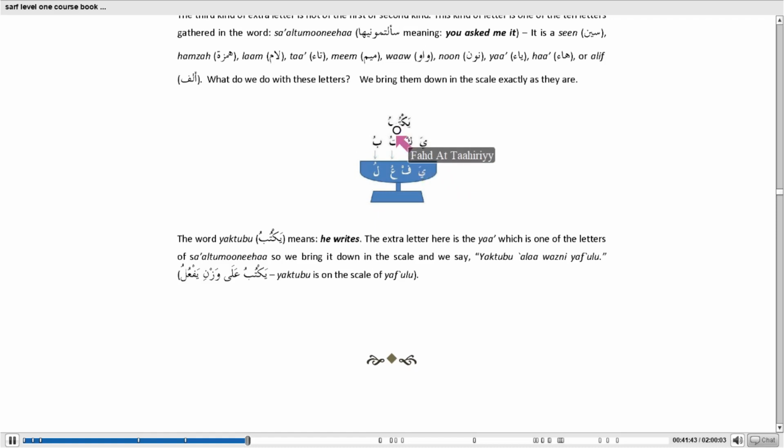An example of this is yaktubu. Now yaktubu, barakallahu fikum, is a mudari' of kataba.